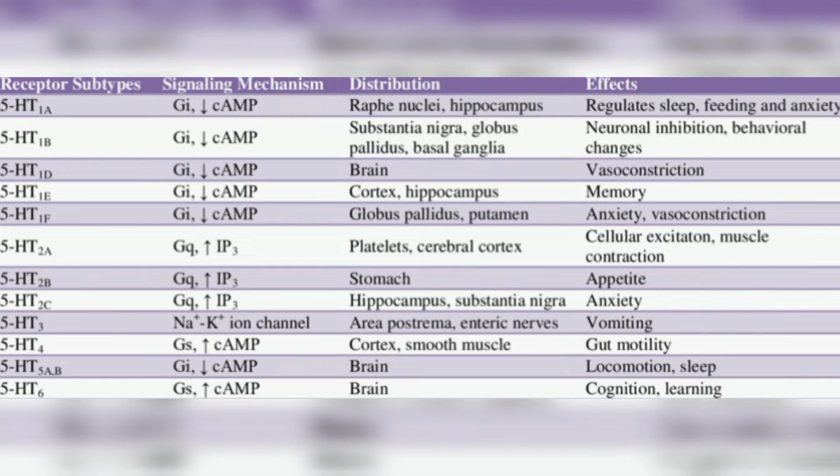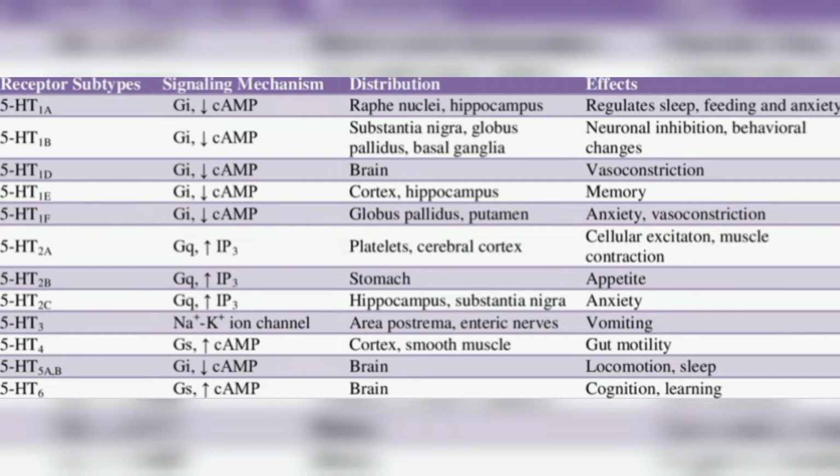So remember, here you can see the different receptor subtypes and the signaling mechanism. Basically it is cyclic AMP decrease, cyclic AMP through the 5-HT receptor, and cyclic AMP decrease or IP3 increase. And you can stop the video to understand more. And this is the 5-HT3, which will trigger the sodium potassium ion channel.